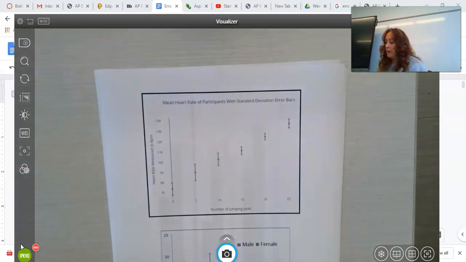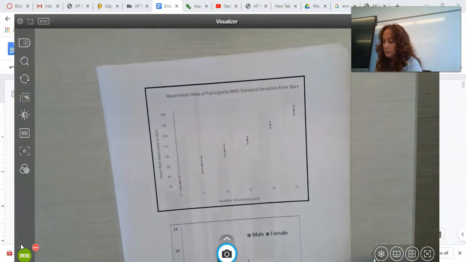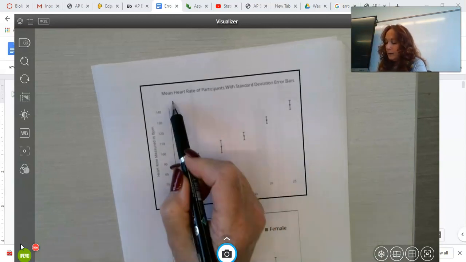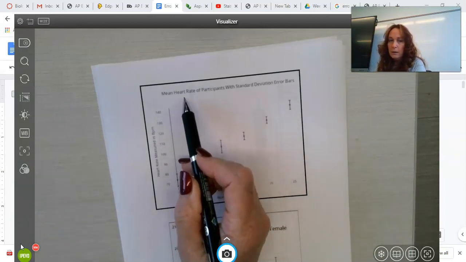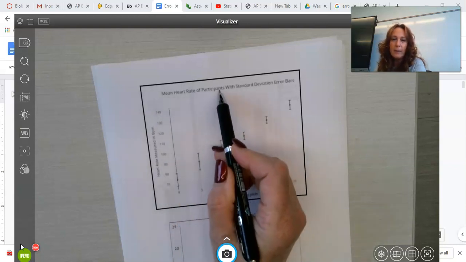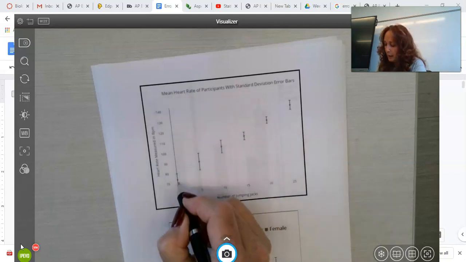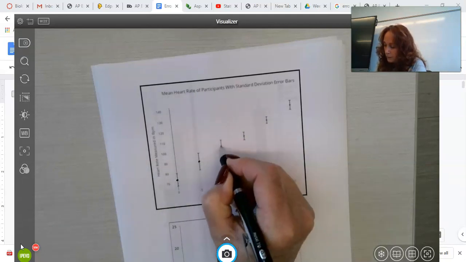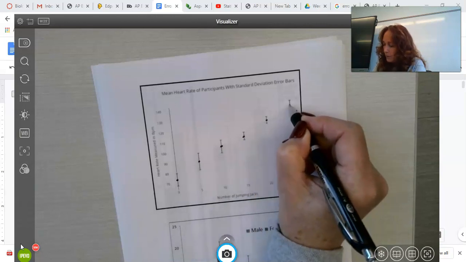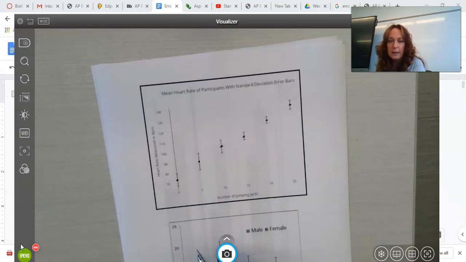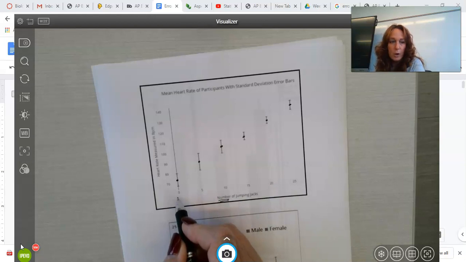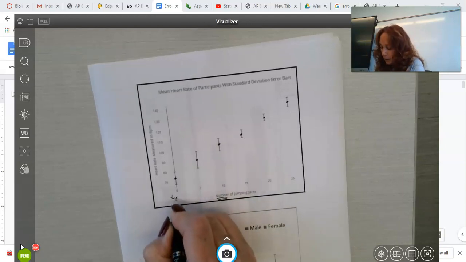All right. You don't have to do bar graphs. Here, we're looking at heart rate, the mean heart rate. So we've got a bunch of participants. We take their heart rates, we take the average, and we plot it right here. Those are the means. We see that they're steadily increasing based on the number of jumping jacks they do. So at the beginning, when there's no jumping jacks going on, this would be time 0.